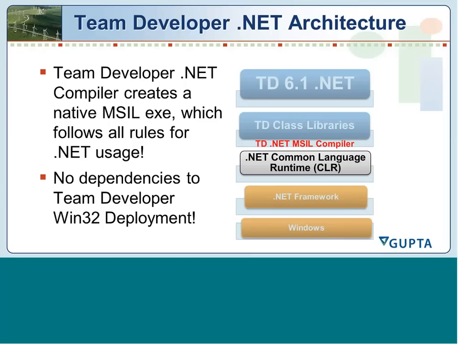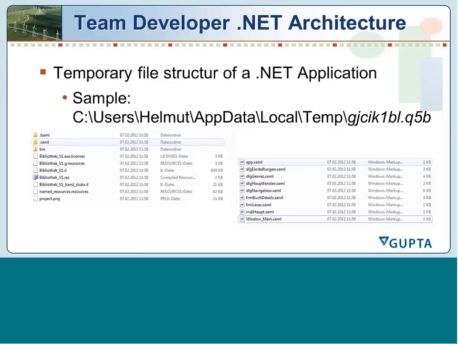Additionally, we ship a few assemblies based on a .NET language, like C# or Visual Basic .NET, which provide our business logic inside Team Developer. If you load your source code inside Team Developer, you have maybe only one file, or some APL files.